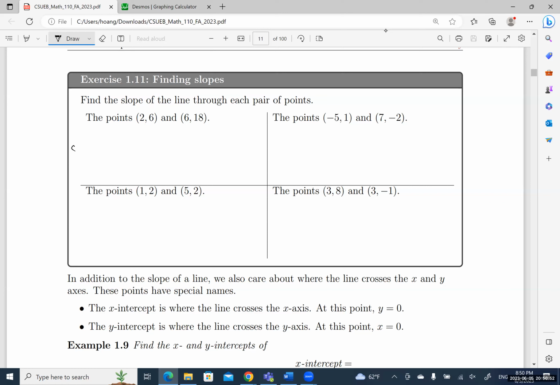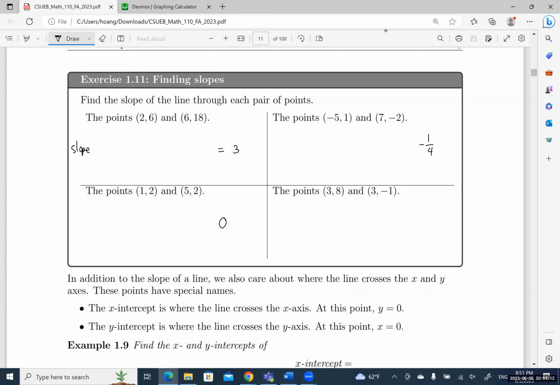The slope will be equal to 3. This one is going to be -1/4. This one is zero.